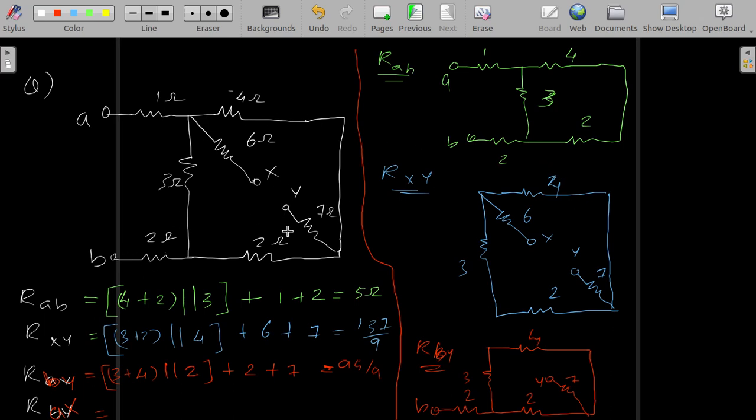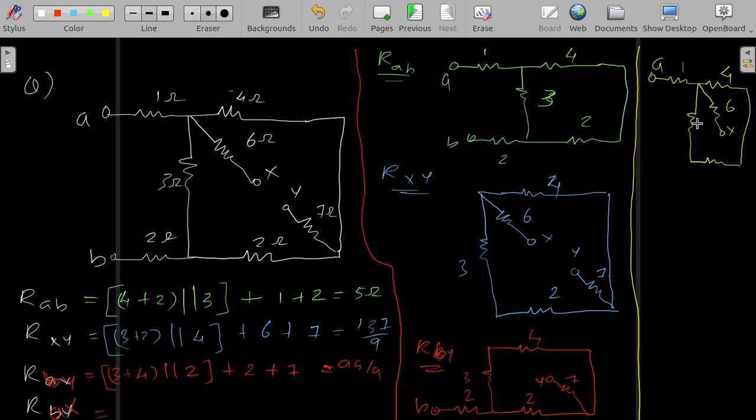This path won't be there, this path won't be there. So if you draw for AX, okay, A, okay.